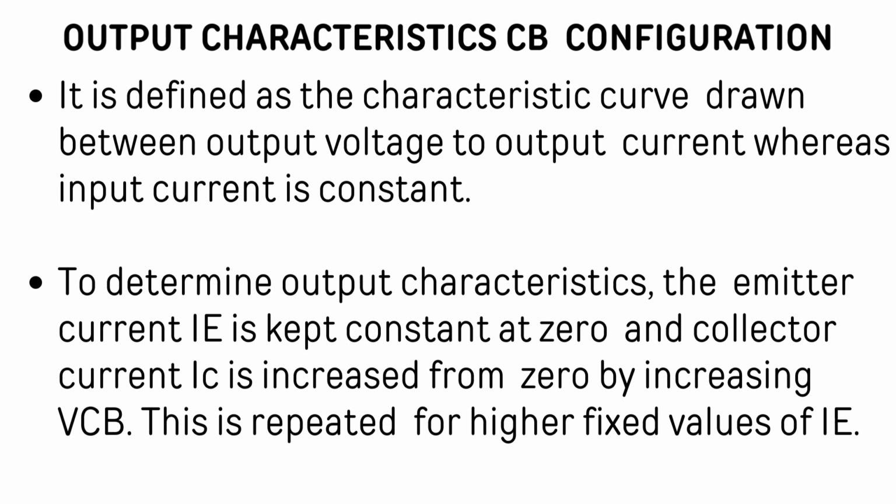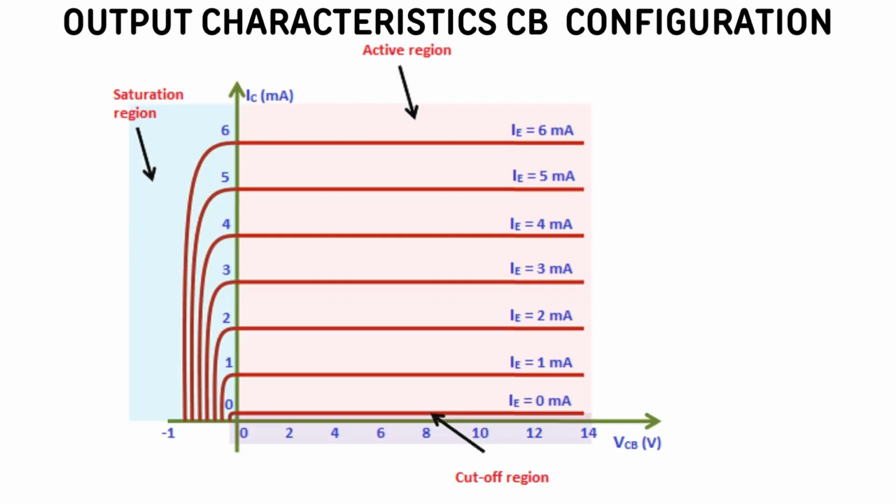This is repeated for higher fixed values of IE. The characteristics are as shown in the figure for different emitter currents. By changing the emitter current, we draw the characteristics of VCB versus IC, where collector current IC is in milliamperes, whereas VCB is in volts.